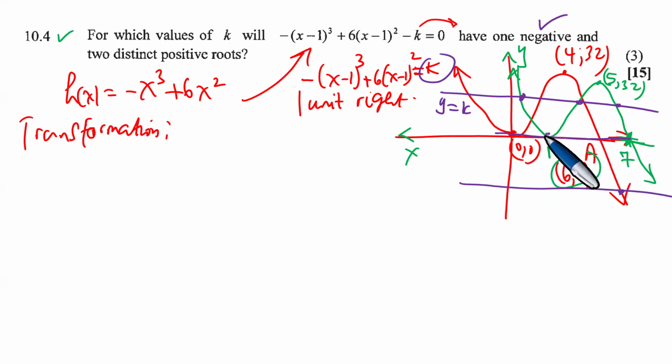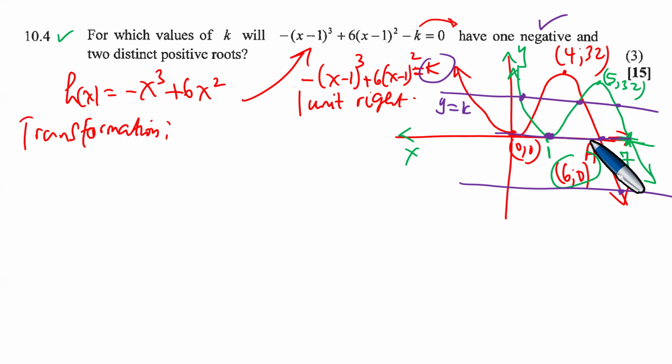If you come here, you have 2 positive, but they're not distinct. And you have also another root there. Okay, so let us analyze this particular question very, very well and see what then the answer becomes here.